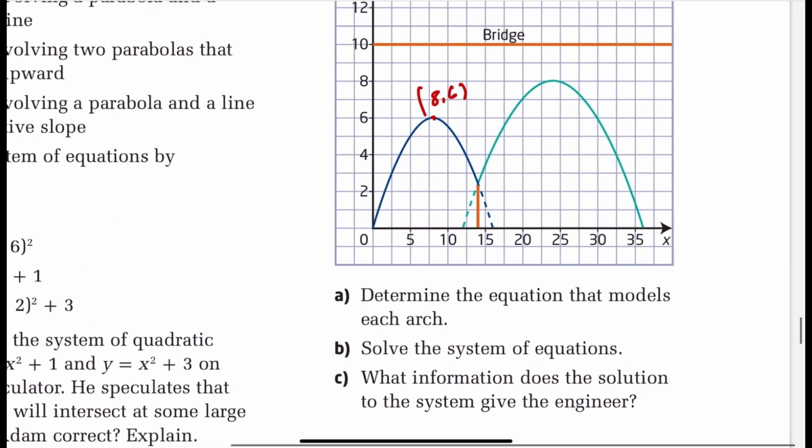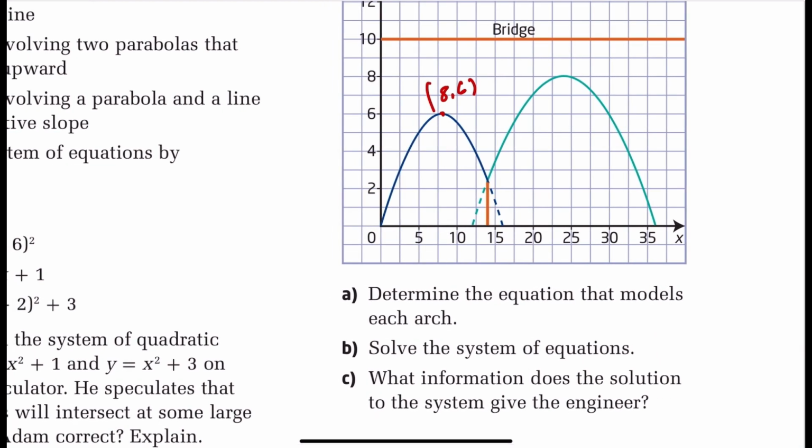This point tells the engineer the post is 2.530 meters high, and it is 14.08 away from the original point of the first bridge.